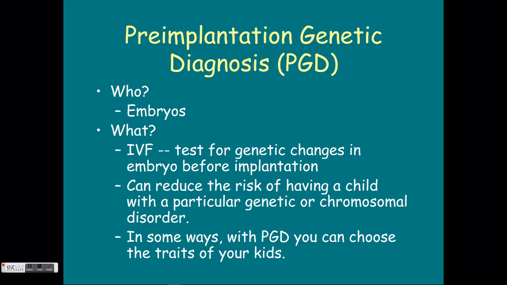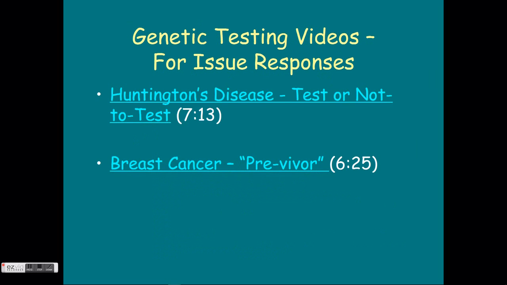But at the same time, you again can avoid genetic disorders. But as we'll see with the further investigation of PGD, it's also possible to pick and choose eye color and hair color and blood type and height and a variety of other things too. So we'll analyze that a little bit further later.